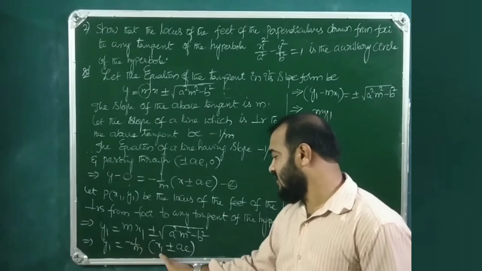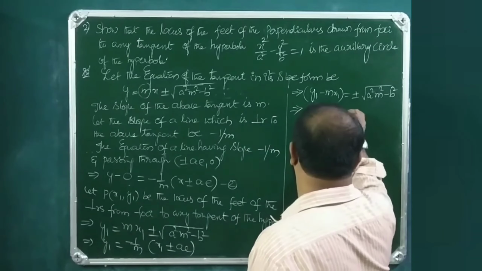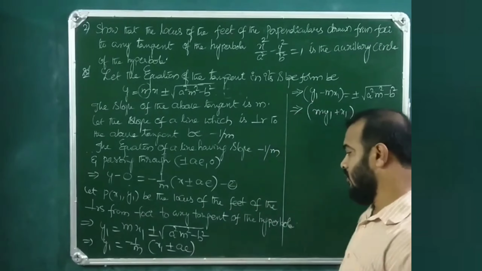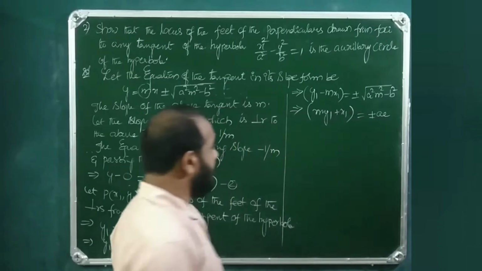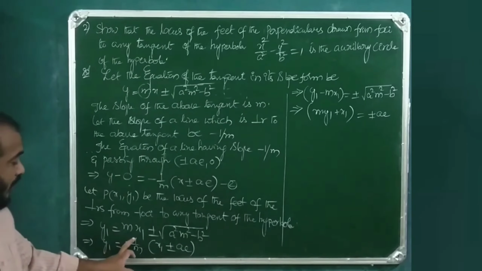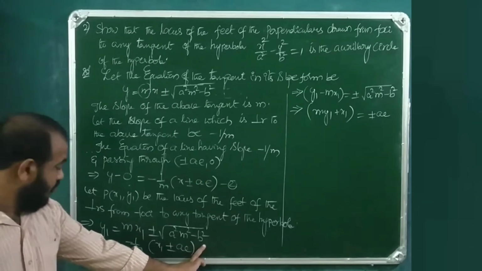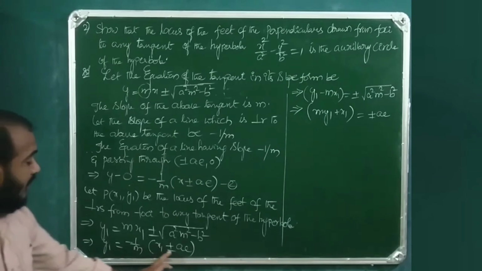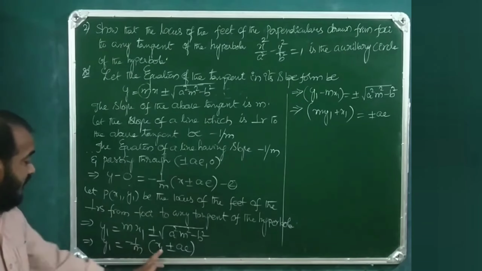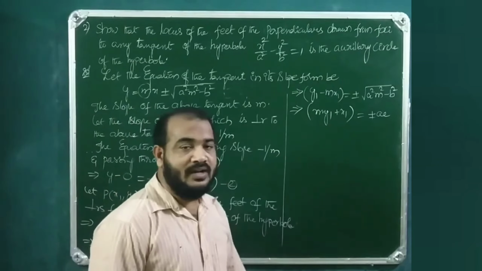This minus x1, if you transpose to that side, plus x1 is equal to plus or minus ae. Cross multiplying, my1 is equal to minus x1 plus or minus ae. This minus x1, if you transpose to this side, plus x1 is equal to plus or minus ae.